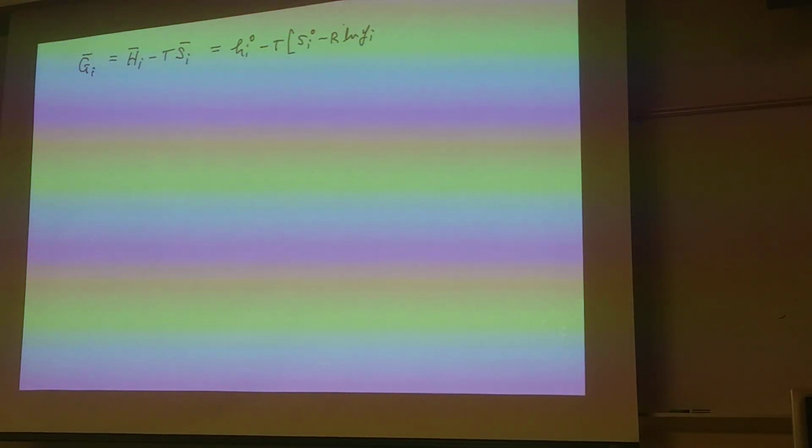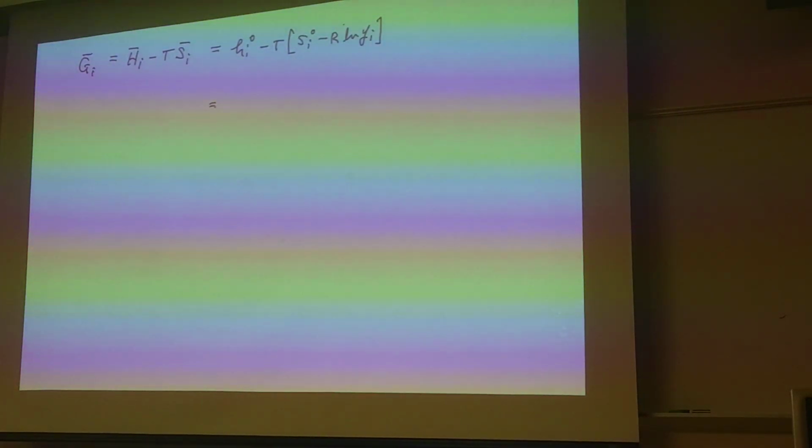By far the most important of the two is G, so let's look at the partial molar Gibbs free energy of a component I in a mixture, and I can write that out as partial molar enthalpy minus T times partial molar entropy. And for this, I know that I have H_I^0 and minus T times, and I've just calculated it here, that's little S_I^0 minus R log y_I.